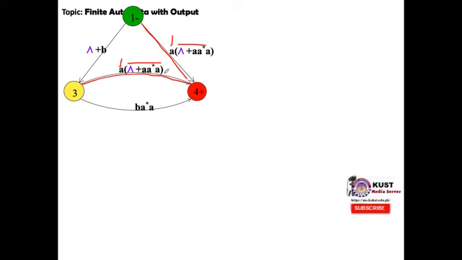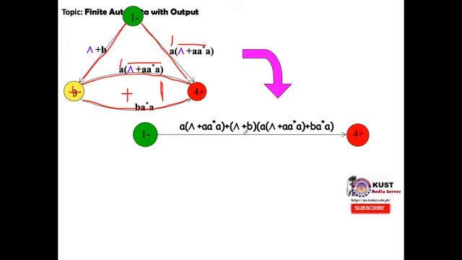Now let's try to eliminate state number 3. Eliminating state number 3, we have one path here and then two paths here. We can combine these two paths by adding a plus sign, so it will be this one.